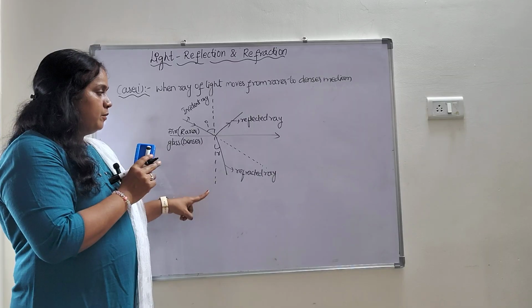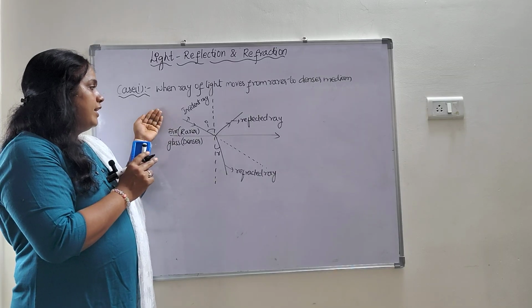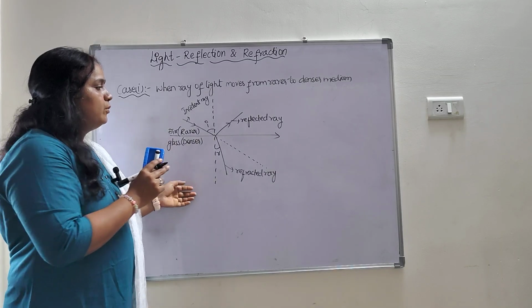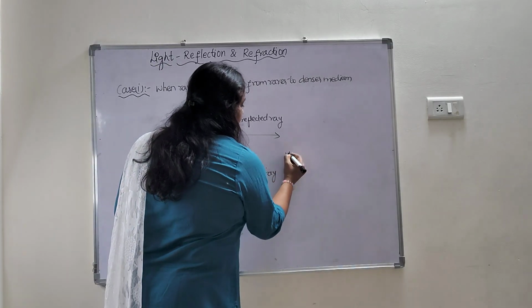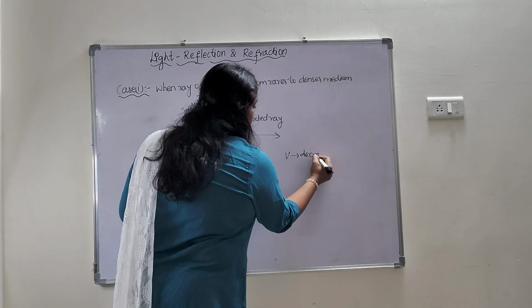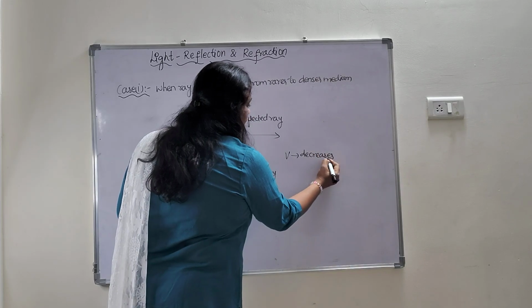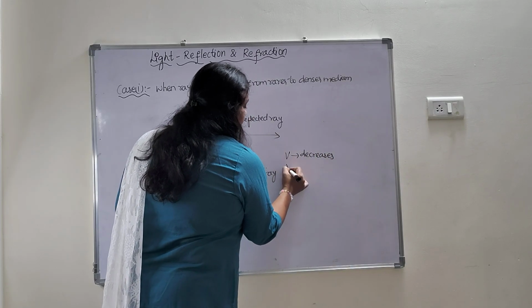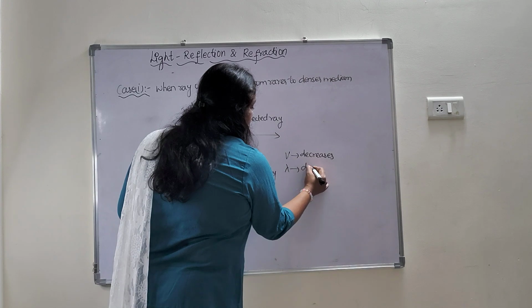The important things here: when a ray of light is moves from rarer to denser, its speed decreases. Remember, rarer to denser, speed decreases. Its wavelength also decreases.